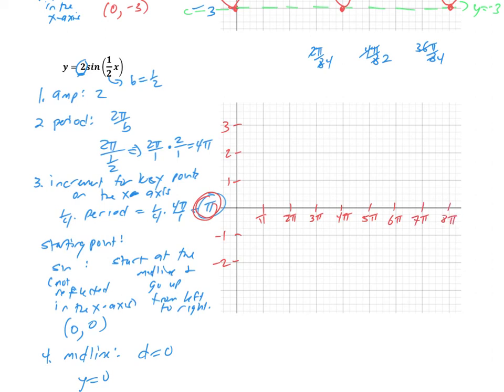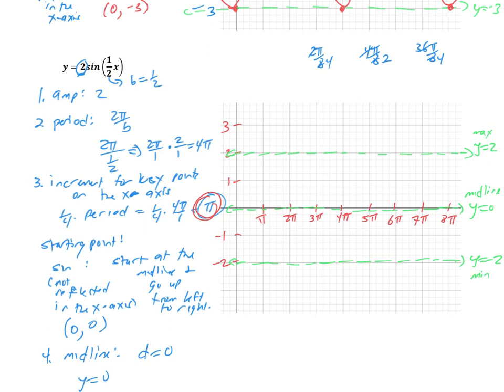And now I'm going to sketch in the skeleton. So I'm going to sketch in the midline. That was at y equals 0. The maximum will occur going up to 2, using the amplitude, and down to negative 2. That'll give us our maximum and minimum values. So these are our max, y equals 2, and y equals -2 is the minimum.